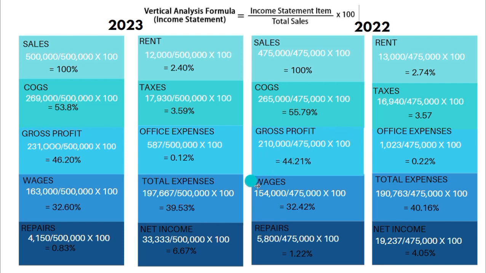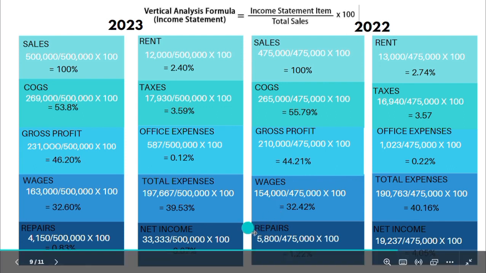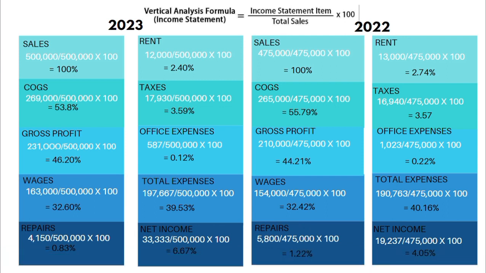For the wages naman, meron silang 154,000 noong 2022, divide by 475,000 na sales noong 2022, times 100 is equals to 32.42%. For the repairs, meron silang 5,800 noong 2022 divide by the total sales which is 475,000 times 100 is equals to 1.22%.